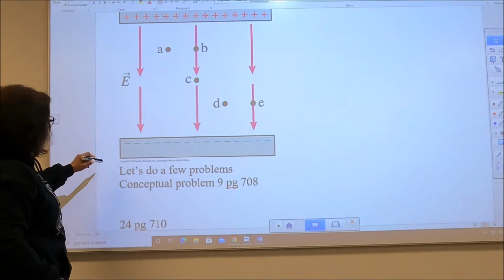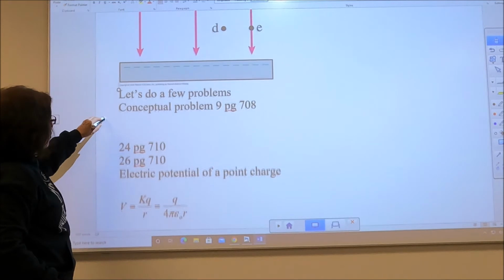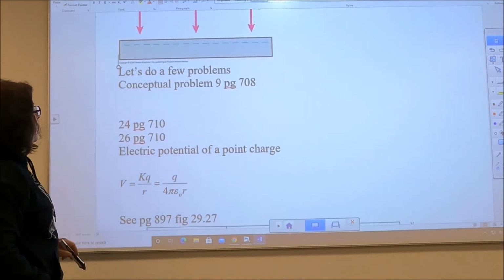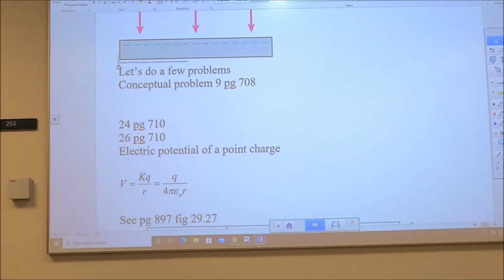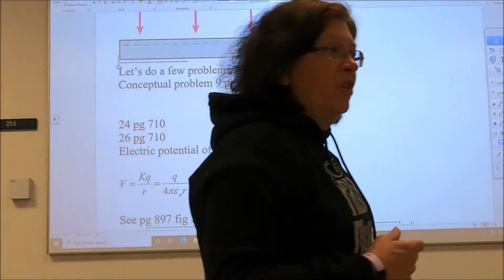Okay? So, let's start by looking at problem 9, the conceptual problem, and then we're going to do 2 more problems, and then we're going to move on and kind of finish out the chapter.